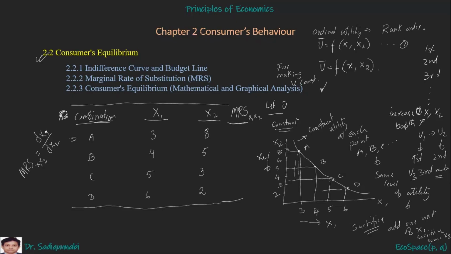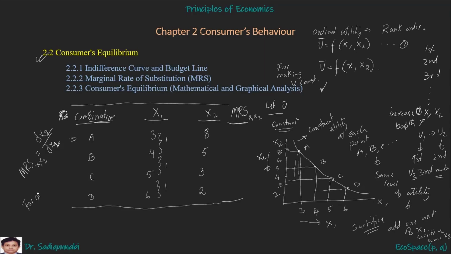Sorry, dx2, dx1. That means X1 is increased by 1 unit. So this is 1 unit, this is 1 unit, and this is 1 unit. So you are increasing X1 by 1 unit.